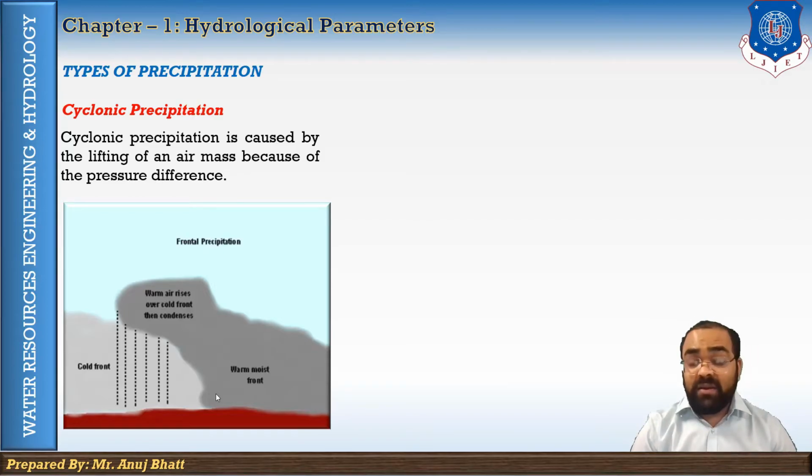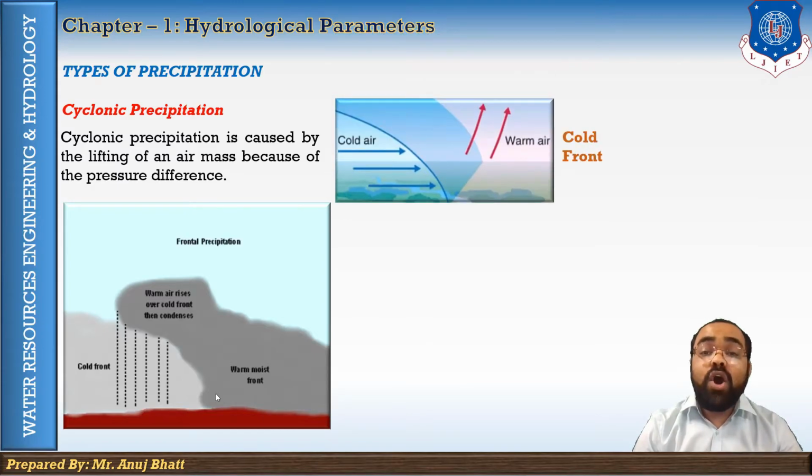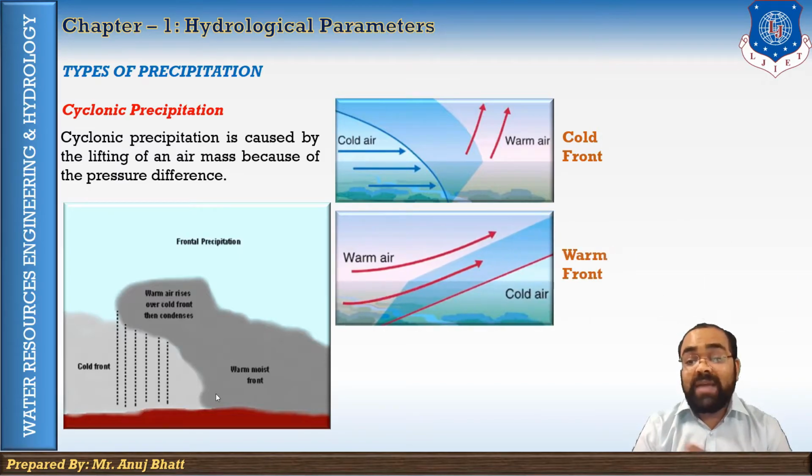When a cold air mass drives out a warm air mass, that is known as a cold front. But if a warm air mass replaces the retreating cold air mass, that is known as a warm front.